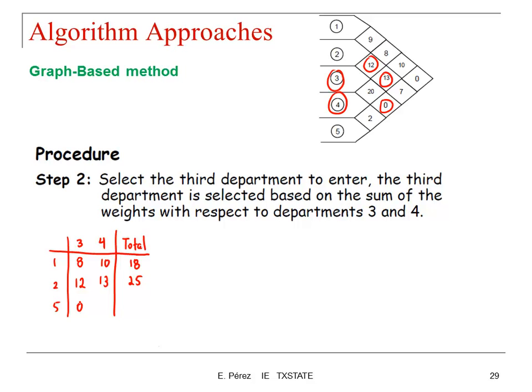And from 5 to 4, it's 2. Sorry, I mean 5 to 4 is 2. So the total is 2. So we're going to choose department number 2 because it's the one that has the largest weight. So this one is the best.